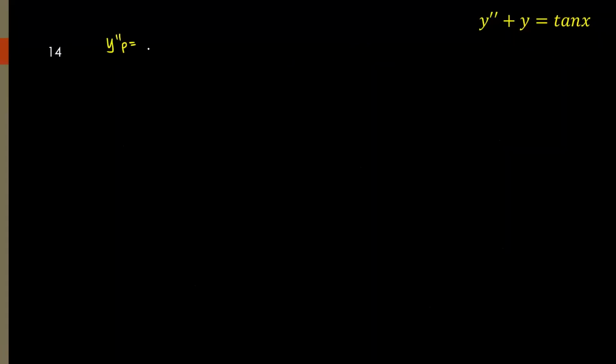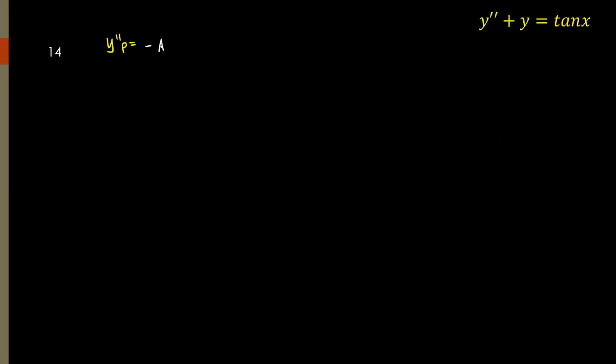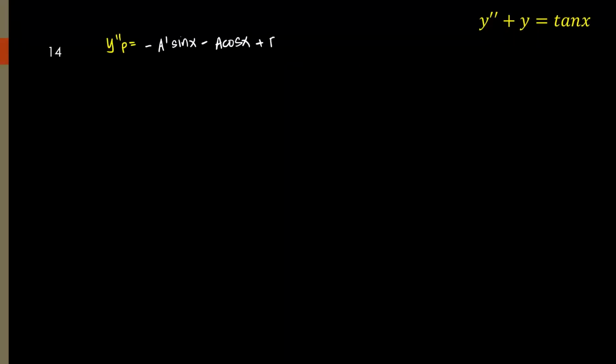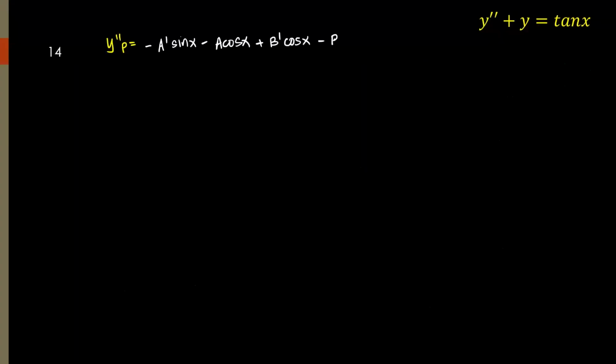Negative A prime sine of x minus A cosine of x plus B prime cos x minus B sine of x. And what is y of p?